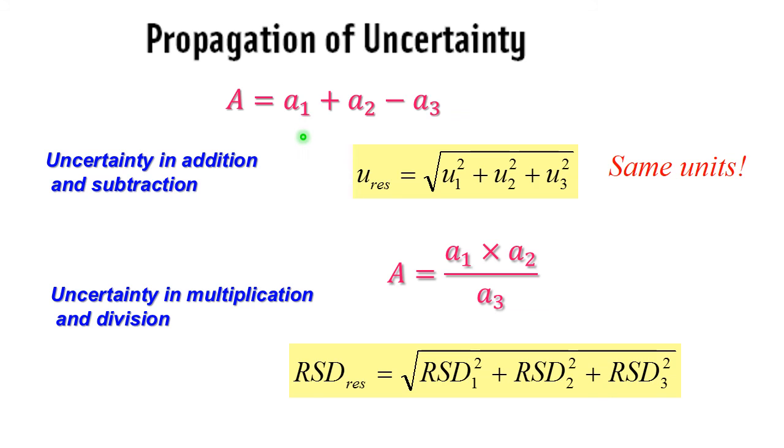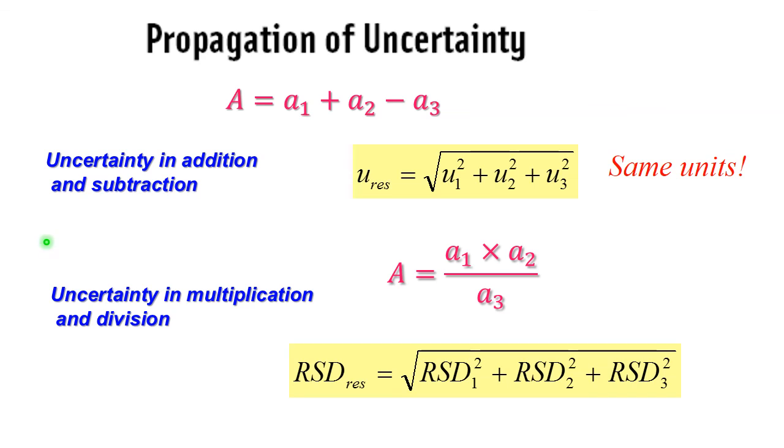Second, it doesn't matter if it's addition or subtraction. You take your uncertainties, square them, add all these, then take the square root. This will be the uncertainty of your result A.